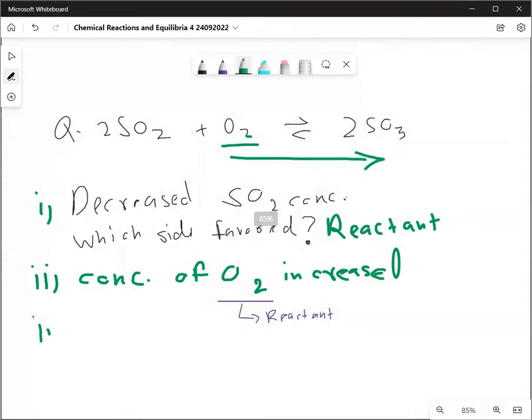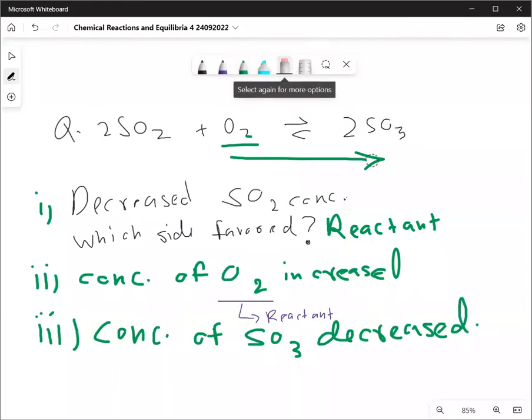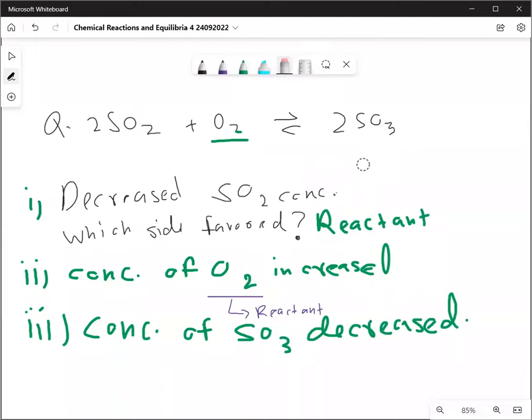Now third part, I'm decreasing SO3. So the concentration of SO3 is decreased. What is the answer? Decreasing concentration of reactant favors yield of reactant. But is SO3 a reactant or product?